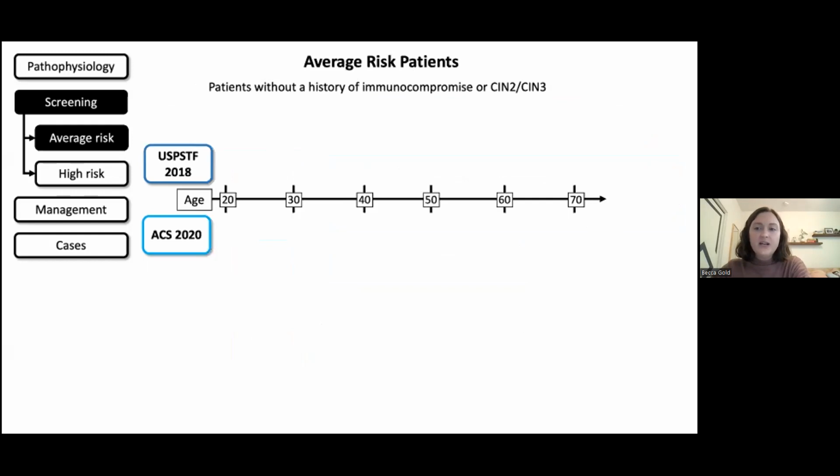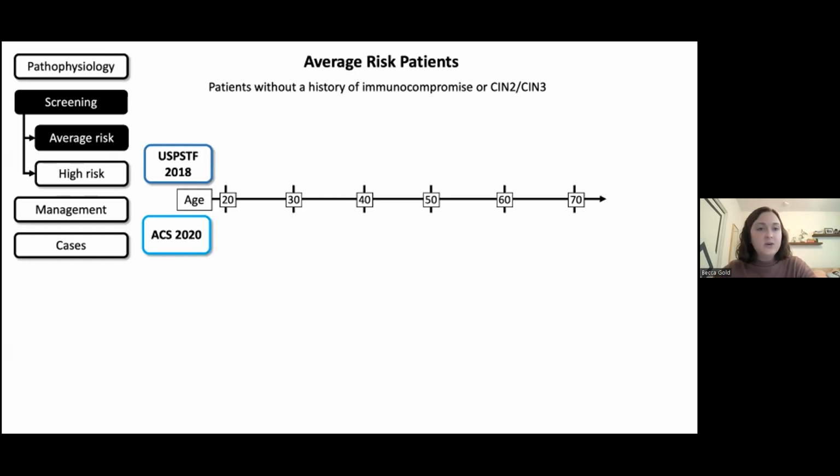So beginning with screening of individuals that are at average risk for cervical cancer. As I mentioned, our recommendations have really evolved over time, and it's largely due to our improved understanding of the natural history of cervical cancer, the causal role of high-risk HPV infection, and our changing technologies. So today I want to review with you 2 different currently available and recommended guidelines.